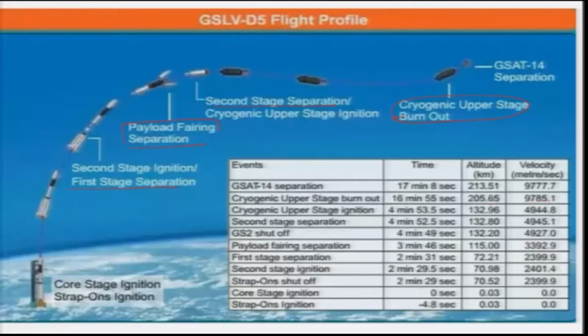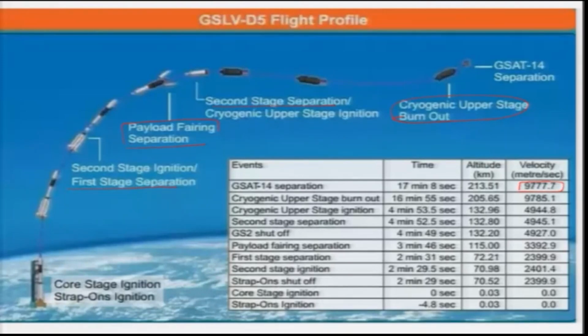The cryogenic upper stage ignition takes place a little after the second stage separation. And when the GSAT is separated out, it will be gaining 9778 meters per second, which is much higher.